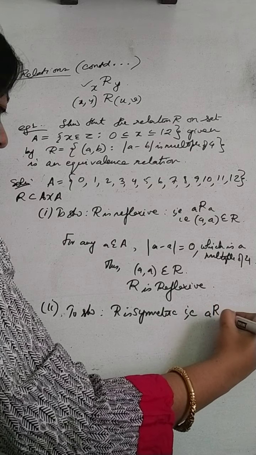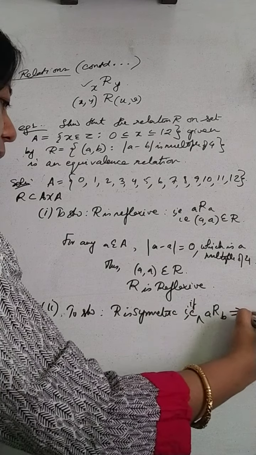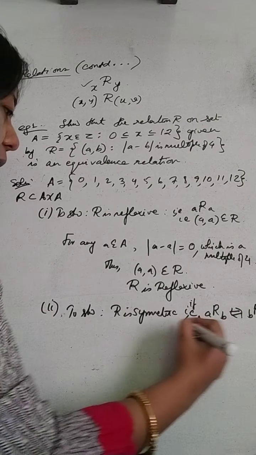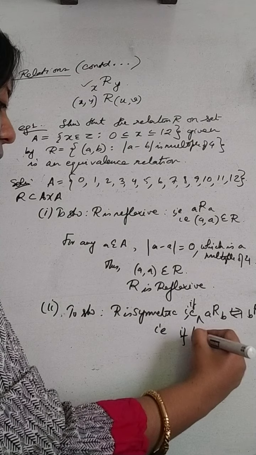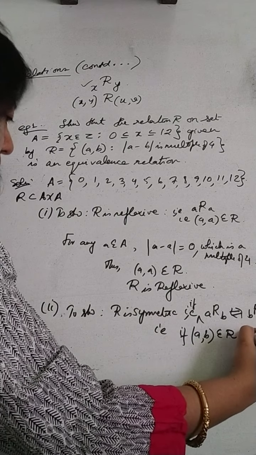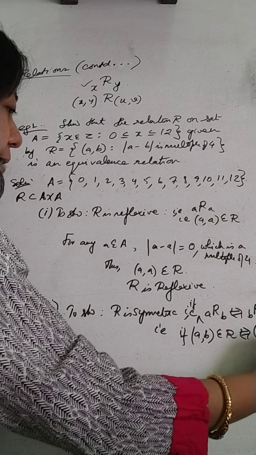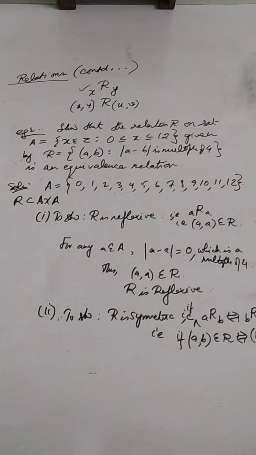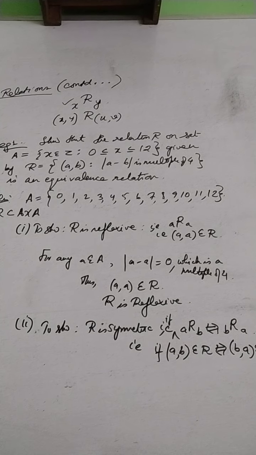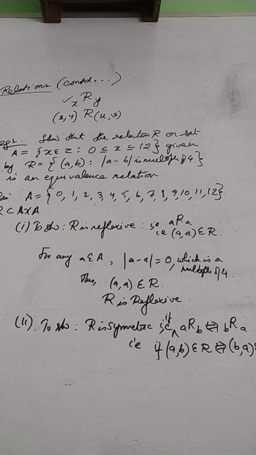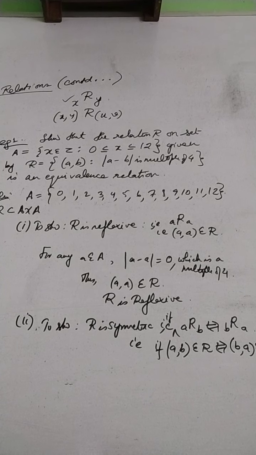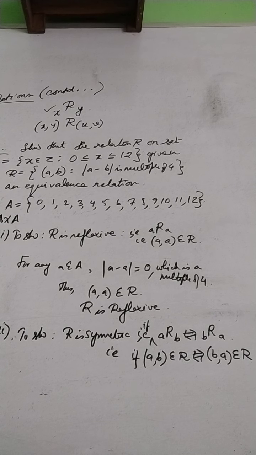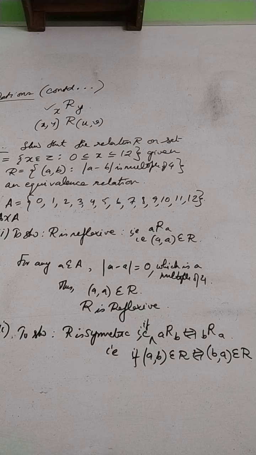That if A is related to B, then B is also related to A. In other words, if the pair AB belongs to the relation R, then the pair BA also belongs to R. In fact, we can do it in general, or you can take particular numbers and proceed.